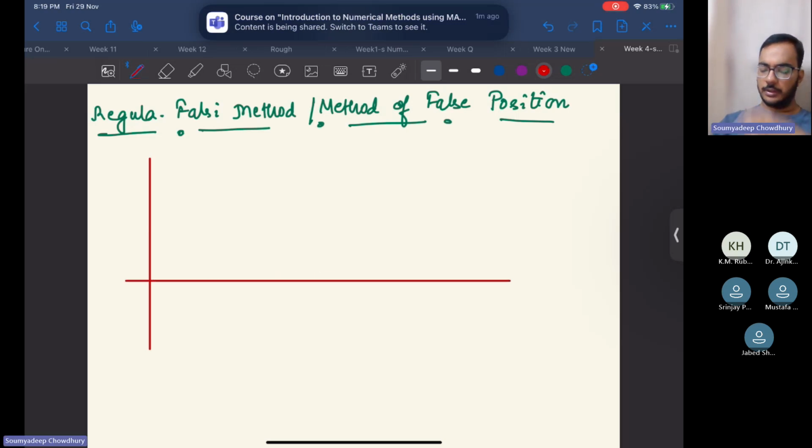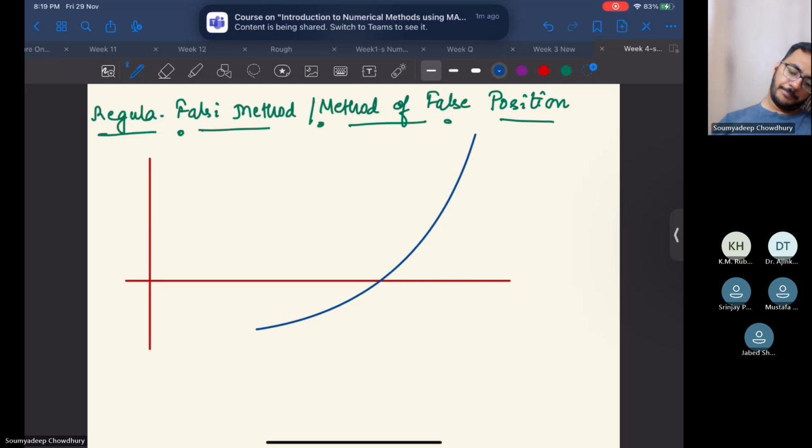So here also two solutions will be given to you. This is one solution, the initial guess, and this is another one, XU.